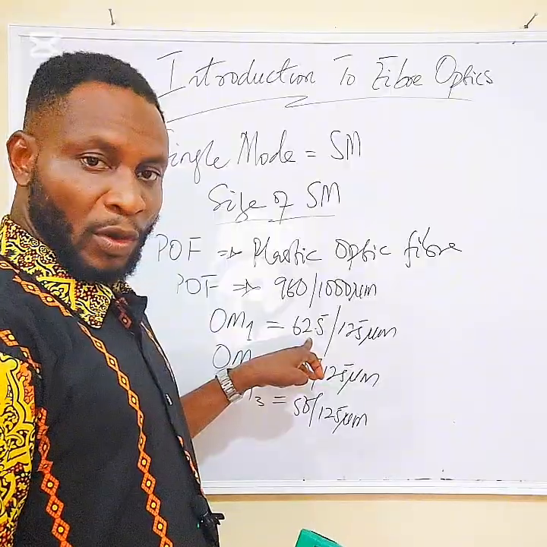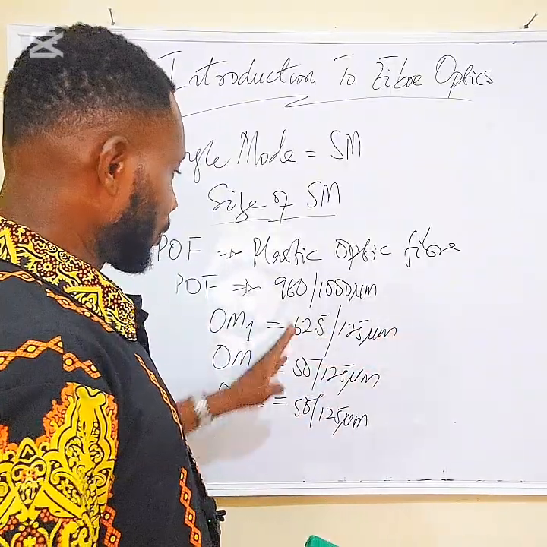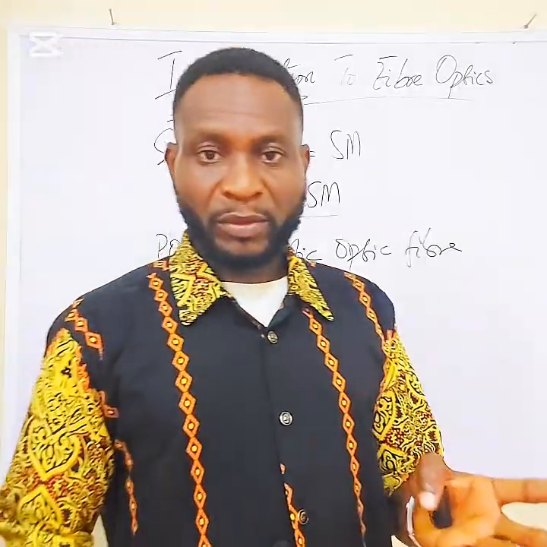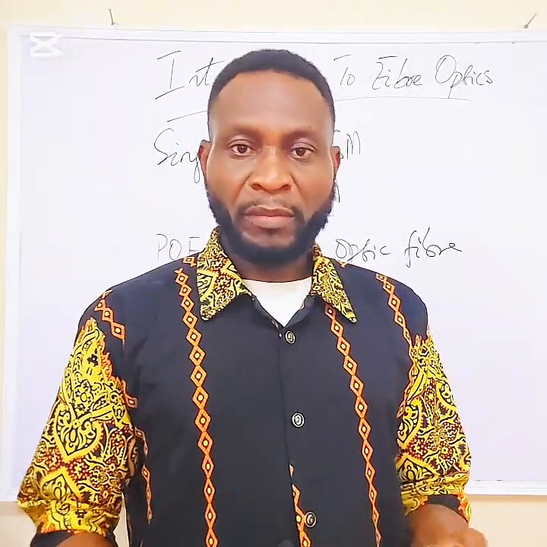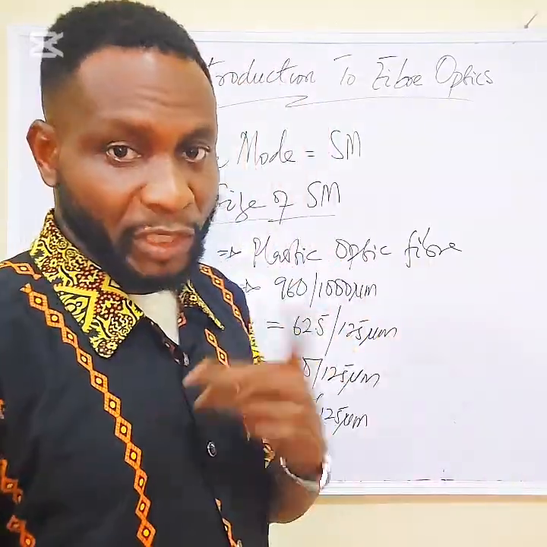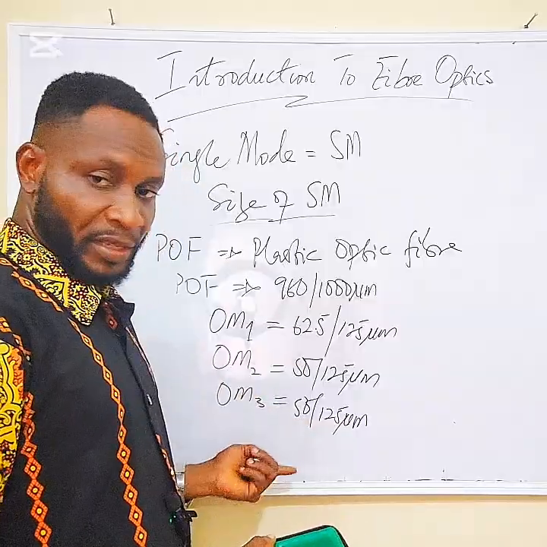This is the core, this is the cladding. That's how they are measured. Understand that this was the first fiber that came out, but the size was very big. As a result, it can't travel far and we can't use it to achieve a lot. Hence the invention of all these three.